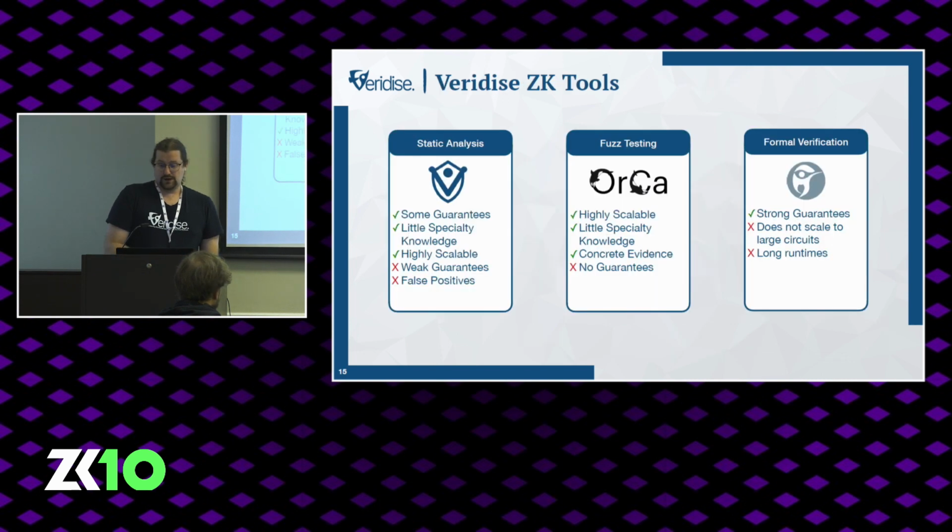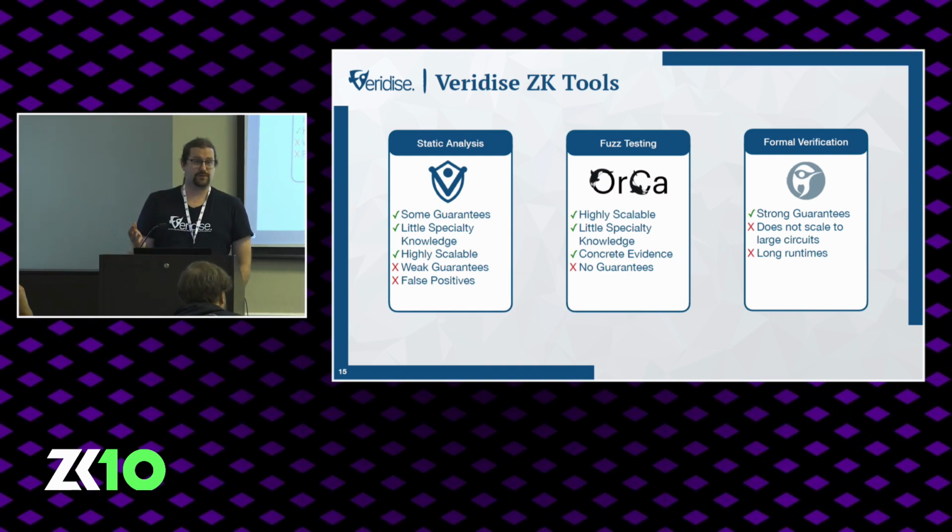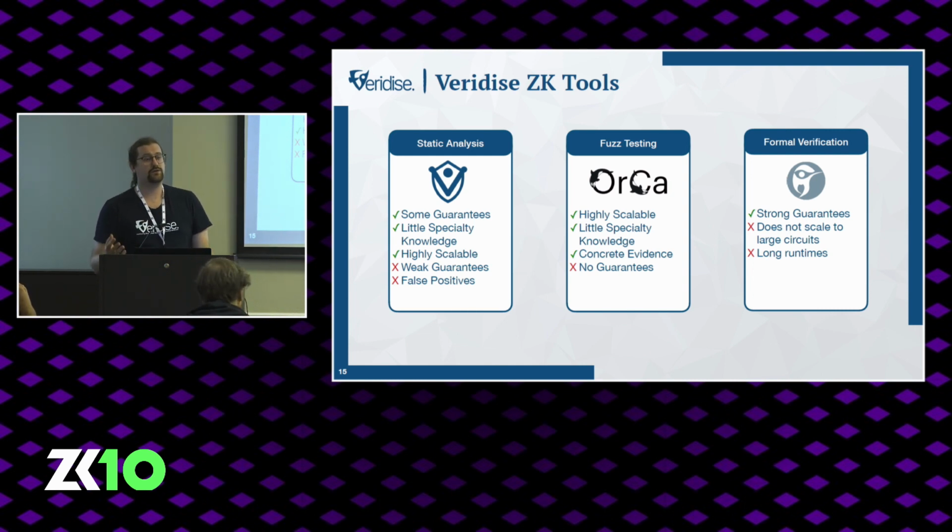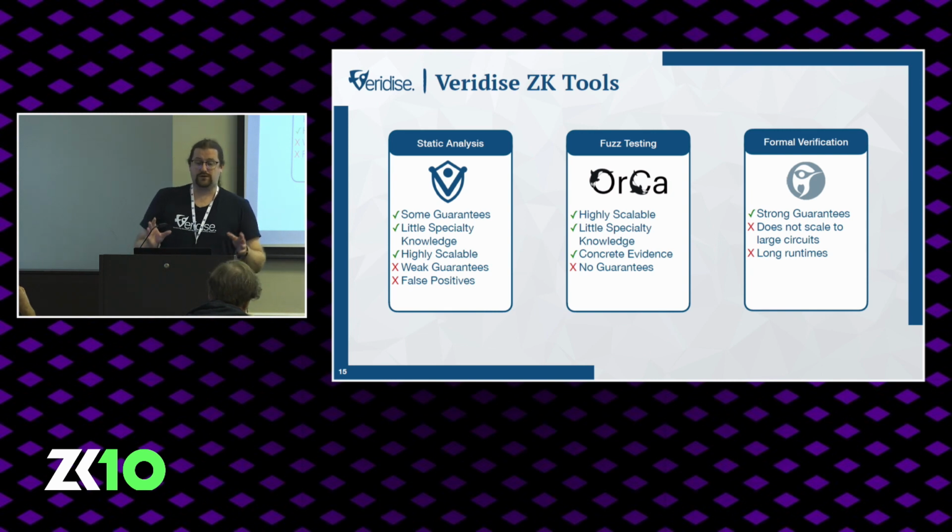And so, as I talked about previously, end-to-end testing is not going to end up catching a lot of these bugs. Some of them can be caught using end-to-end testing, but when you start looking at things like under-constrained values, you're going to need to start looking at different methodologies of identifying these bugs.